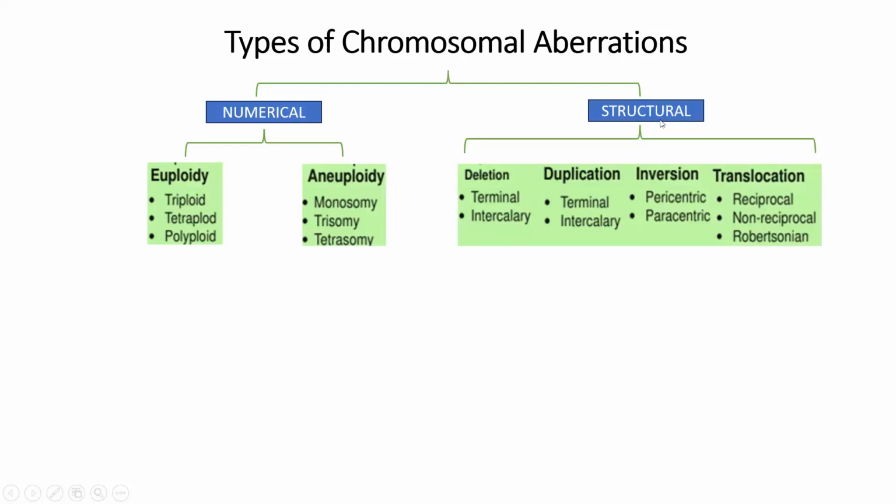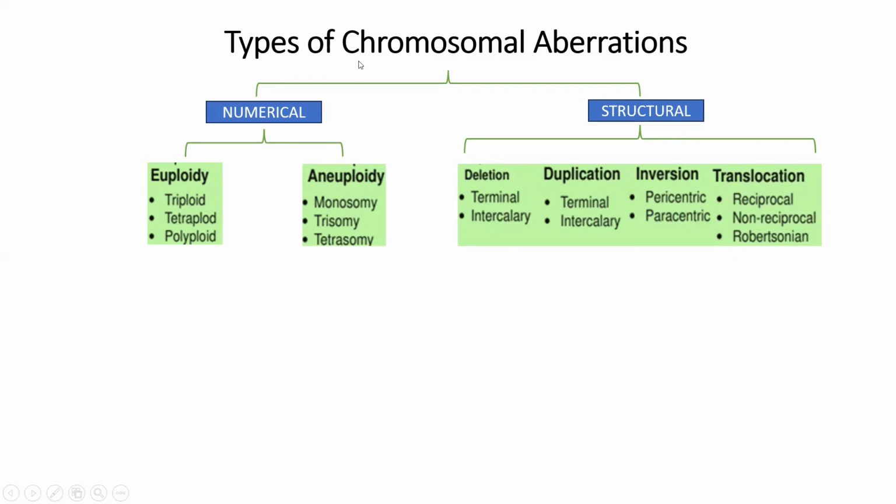In structural aberrations, you can observe deletion, duplication, inversion and translocation. Deletion may be terminal or intercalary. Duplication may be terminal or intercalary. Inversion may be pericentric or paracentric, and translocation may be reciprocal, non-reciprocal or Robertsonian.